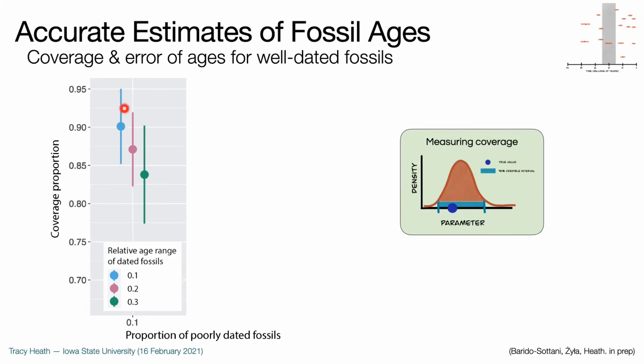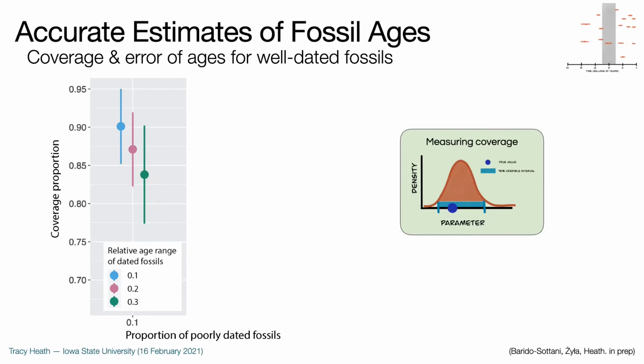And this plot shows that as we decrease the precision of the age range for the well-dated fossils, we get a predictable decrease in the coverage proportion for the ages of those well-dated fossils. So this is exactly what we would expect.